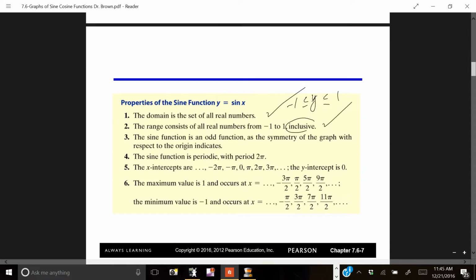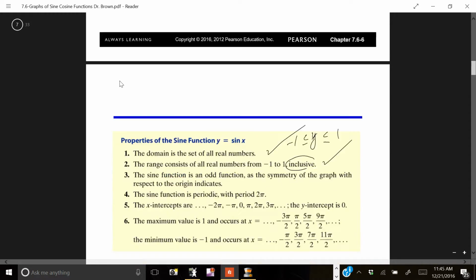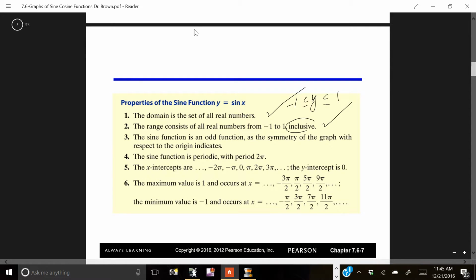Notice that the sine function is an odd function. In other words, what you see on the right is a negative of what you see on the left. So it is an odd function and has a symmetry with respect to the origin.